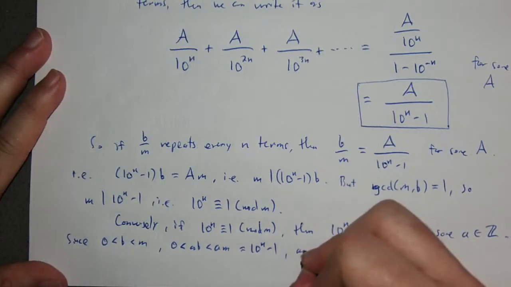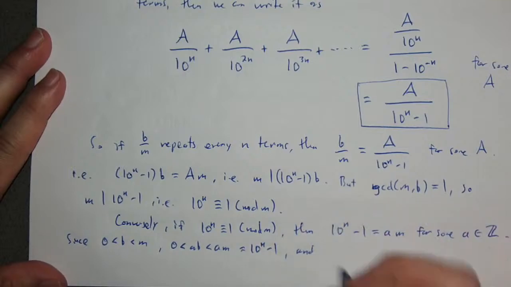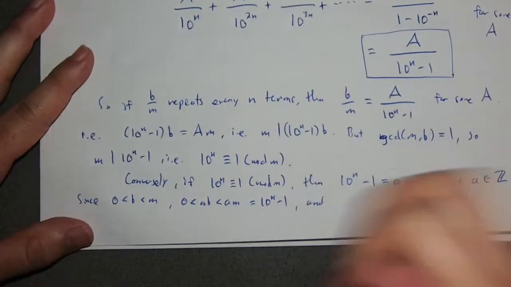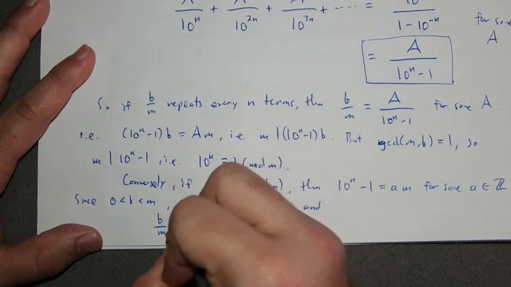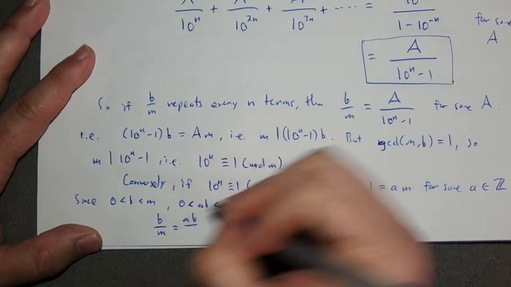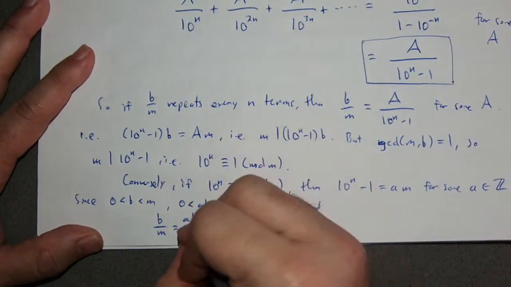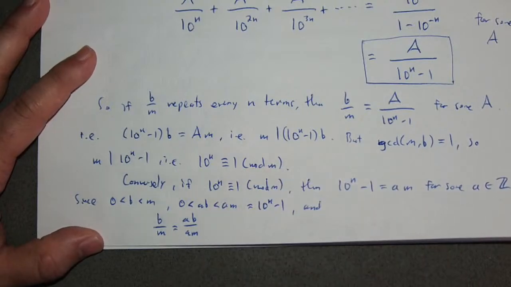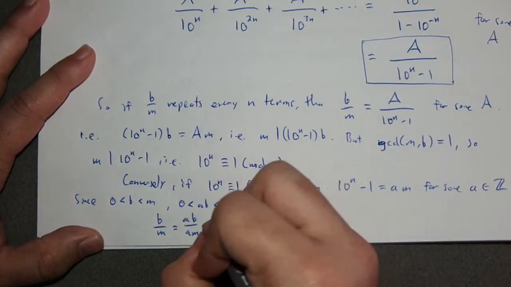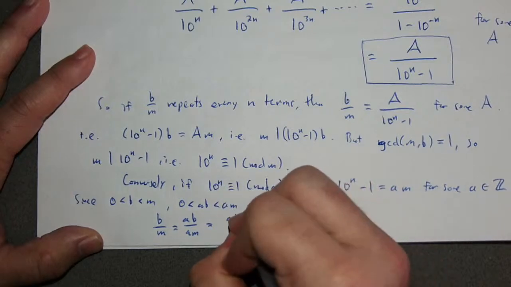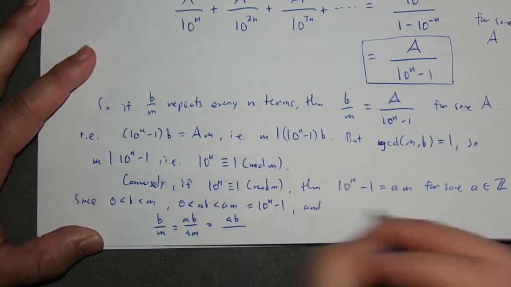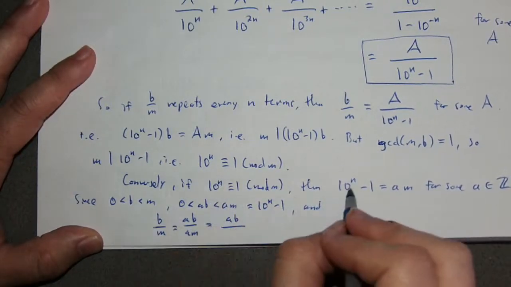And furthermore, b over m is the same thing as ab over am. Right. Which is the same thing as a times b over am, which is 10 to the n minus 1.